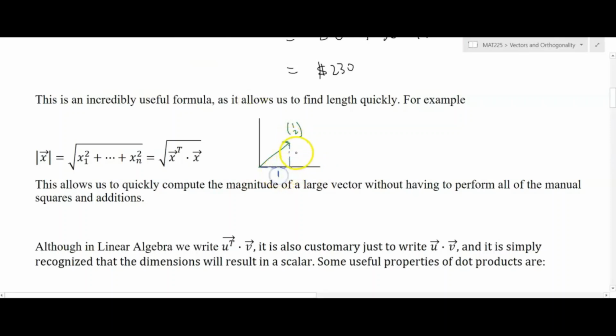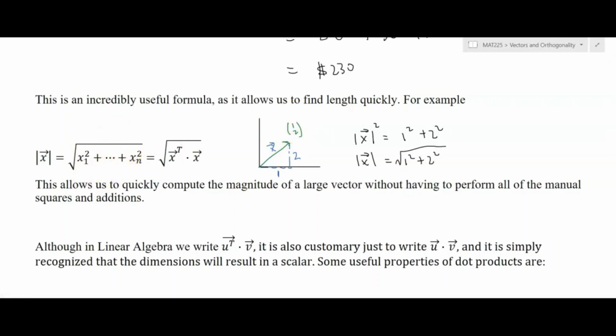This length here is 1, this length here is 2, this is the vector x. So then I could say that the length of x squared is equal to, by the Pythagorean theorem, 1 squared plus 2 squared. So the magnitude of x is equal to the square root of 1 squared plus 2 squared. So we see that that's just the square root of the sum of the squared components of our vector. And in n dimensions, it's the same principle.